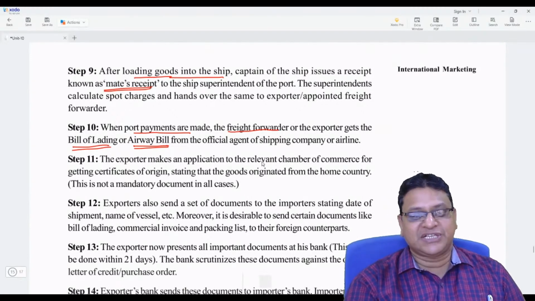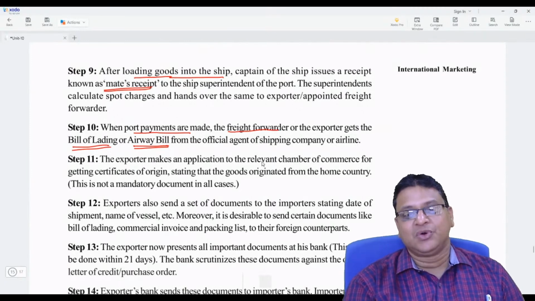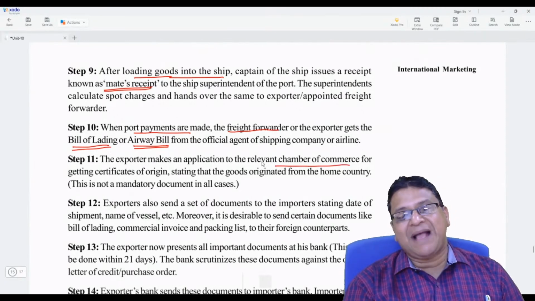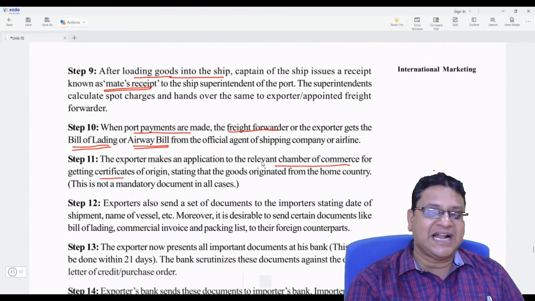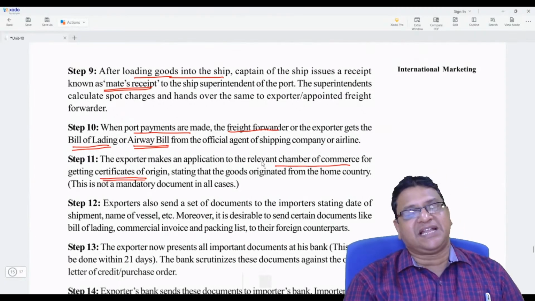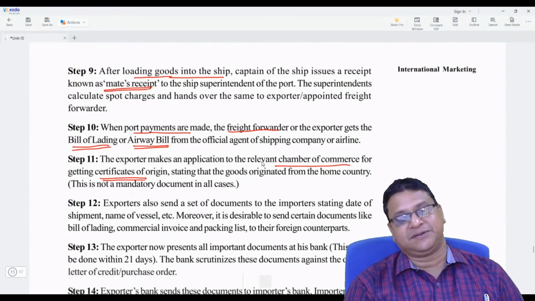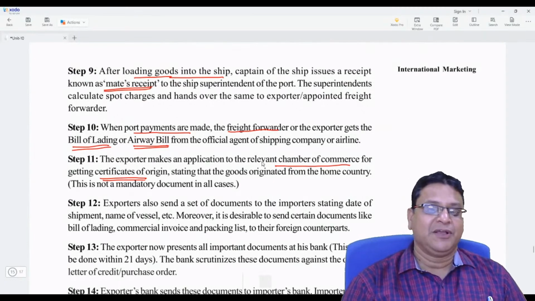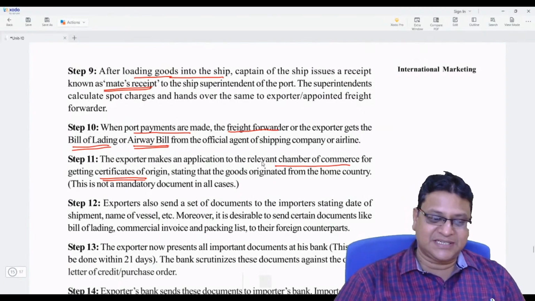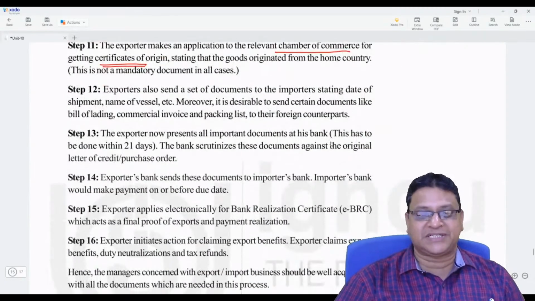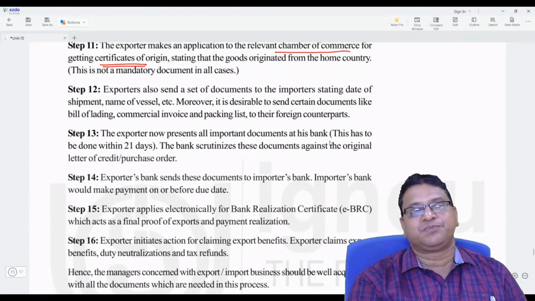Then the exporter makes an application to the relevant chamber of commerce to get a certificate of origin. Certificate of origin is not mandatory, but if you obtain a certificate of origin for your product, then you will get many other benefits.